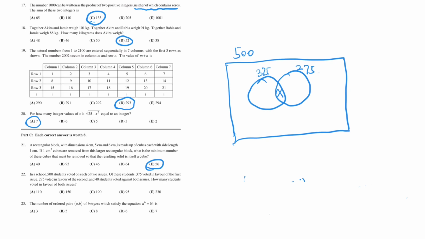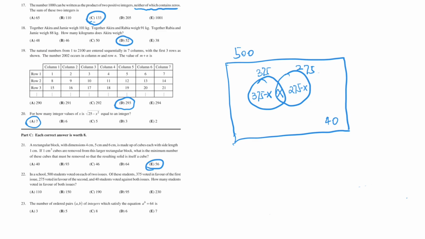So only in favor of the first issue is 375 minus x, and only in favor of the second is 275 minus x. And also 40 students against both issues. The total is 500.